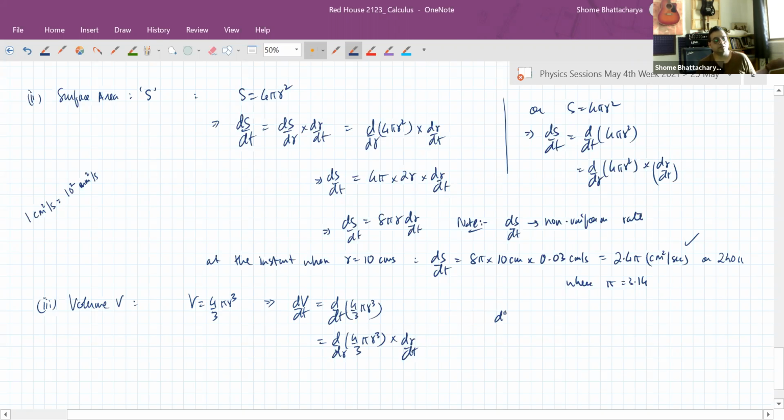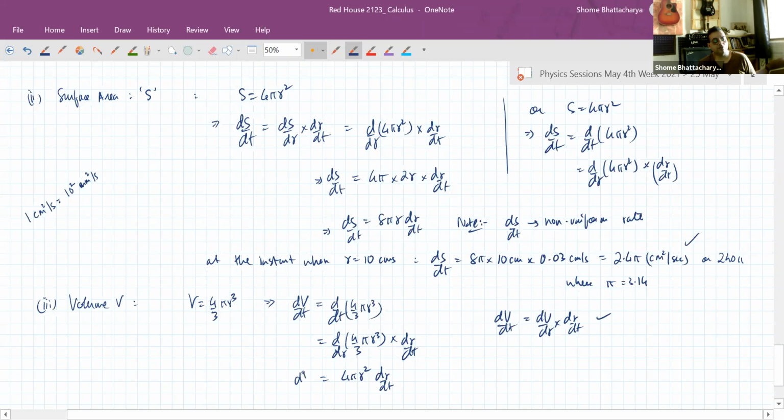When we differentiate, this becomes 4 pi r square into dr by dt.